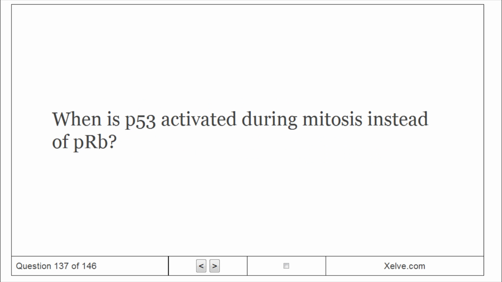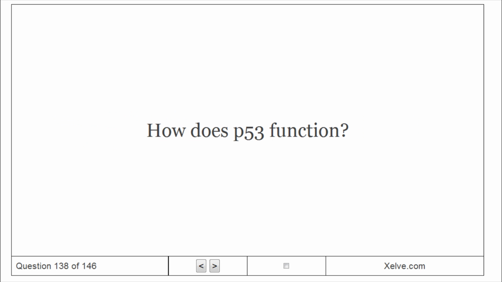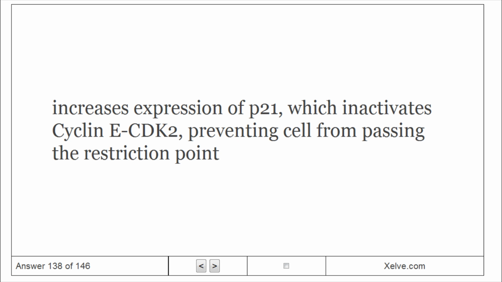When is p53 activated instead of pRB? When DNA is damaged to the point of creating double-strand breaks. How does p53 function? It increases expression of p21, which inactivates cyclin E-CDK2, preventing the cell from passing the restriction point.